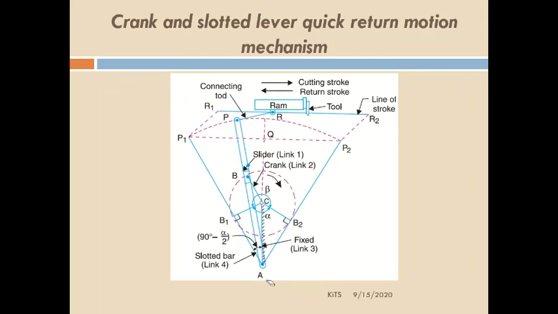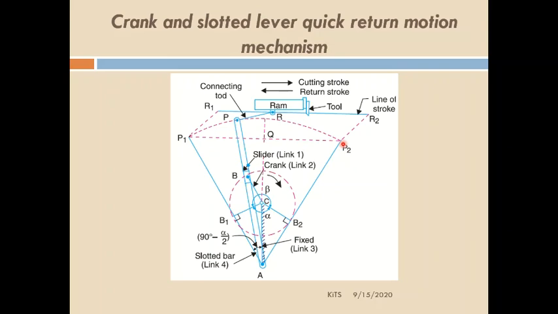Okay. Now, AP1 and AP2 are the extreme position of the slotted bar. Okay, AP is a slotted bar, AP1 and AP2 are the extreme position of the slotted bar.